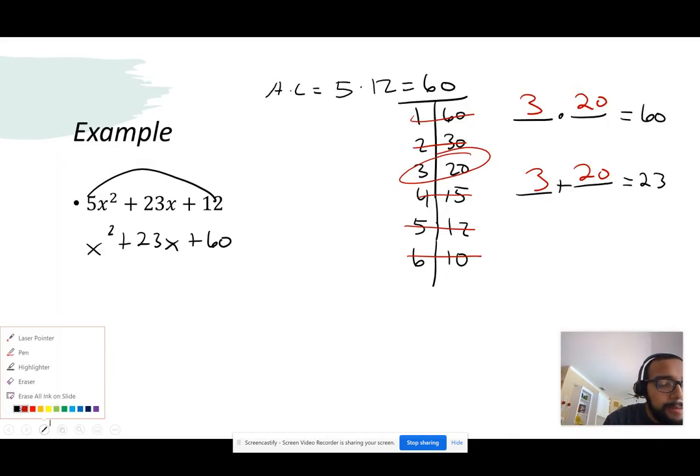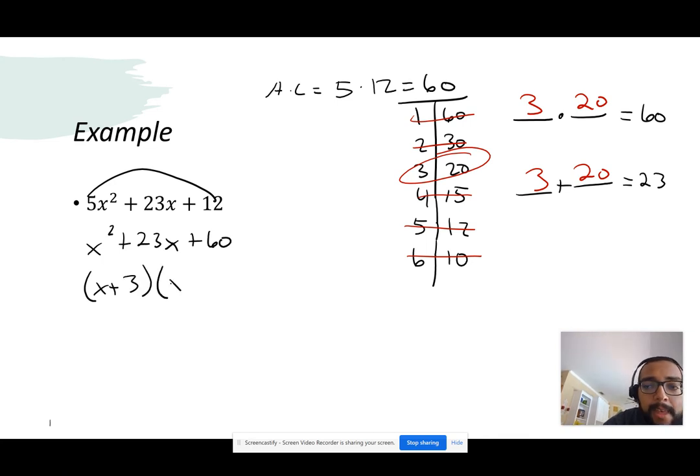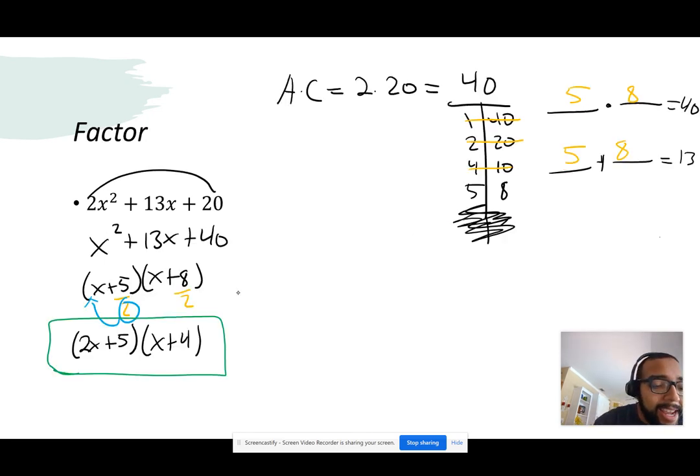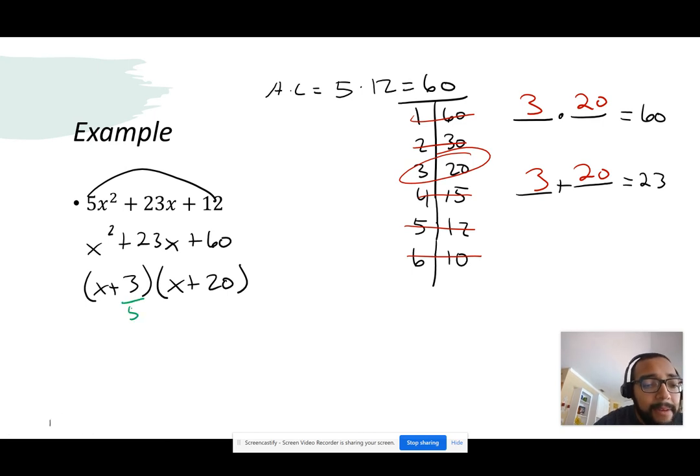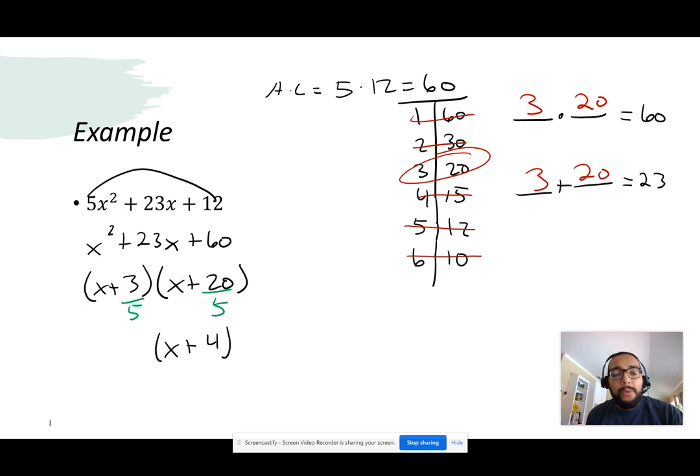What I could do now is rewrite this as x plus 3 and x plus 20. And I'm like, well, hold up. I multiplied by 5 in the beginning. Is this even legitimate? Okay, so let me divide by 5. Perfect. When I divide by 5, this isn't too bad because I have this second term as x plus 4, since 20 divided by 5 is 4.